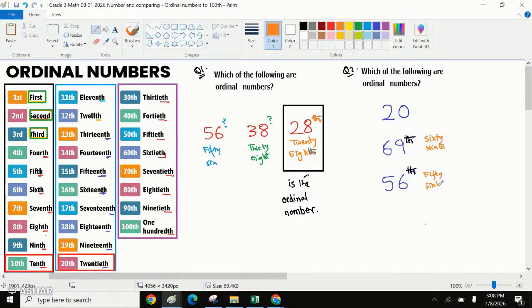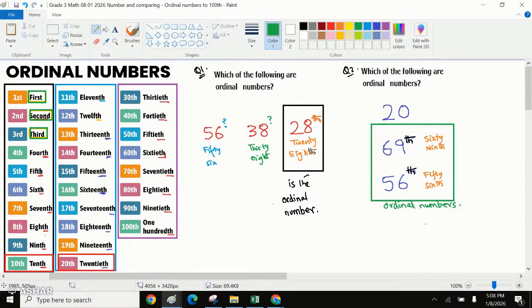It's usually used when we are giving some positions, right? So these two numbers are ordinal numbers, right?